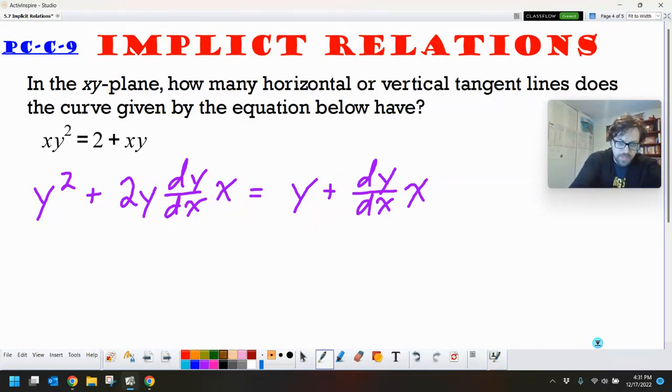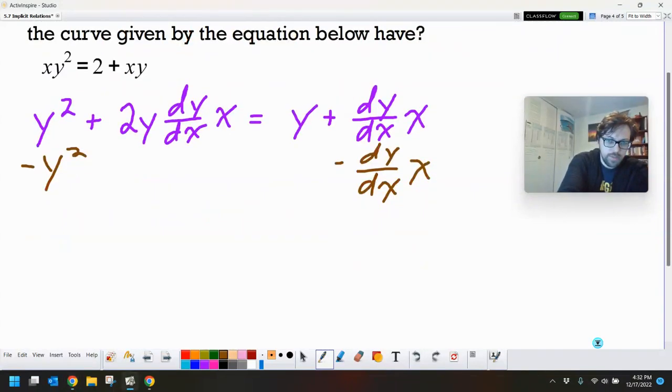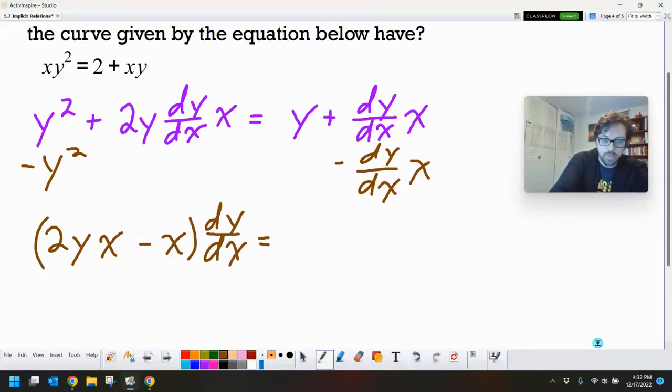Now I've got to do a little bit of solving here. So I'm going to subtract this dy dx x, and then I'm also going to subtract this y squared so we can get all the dy's together. Okay, so we get 2yx minus x, factoring out our dy over dx, equals y minus y squared.